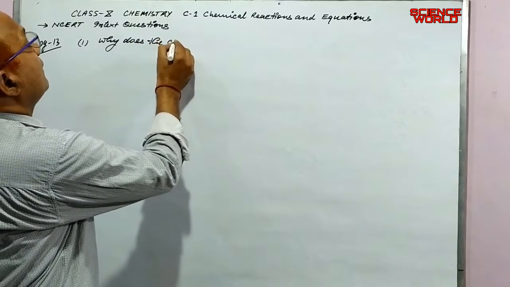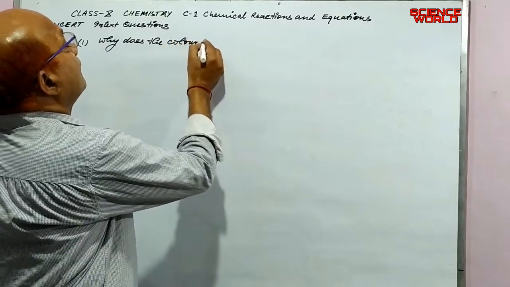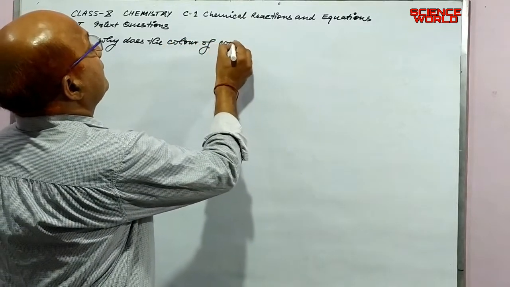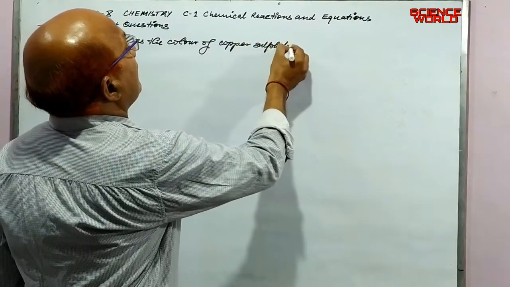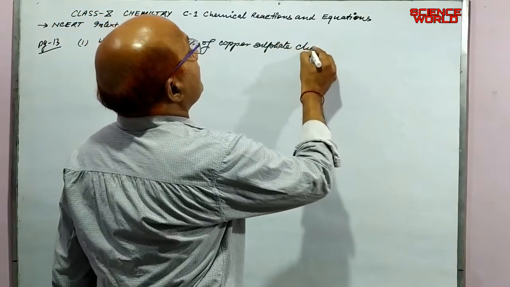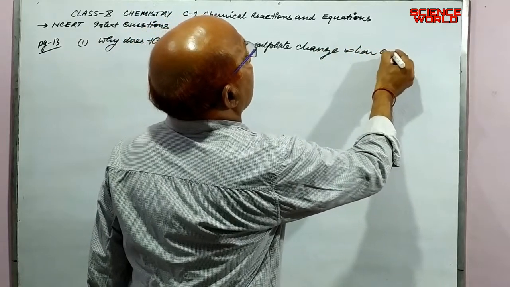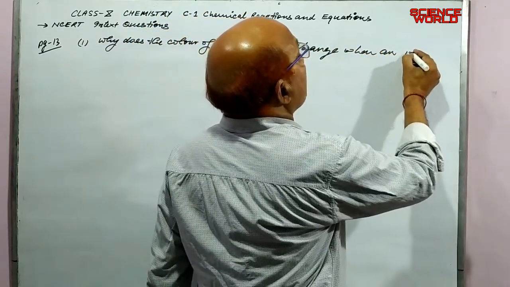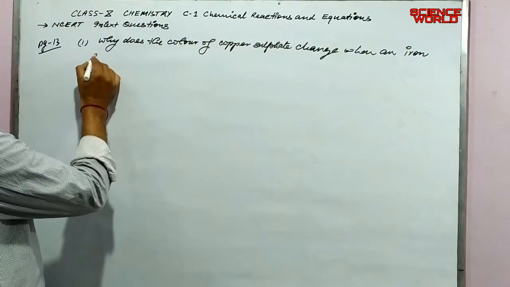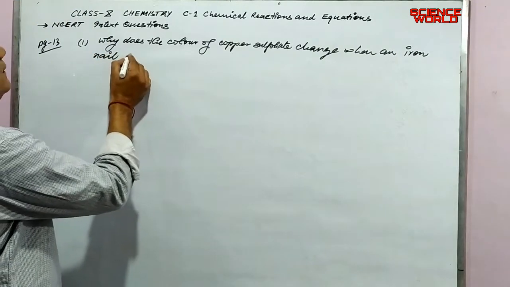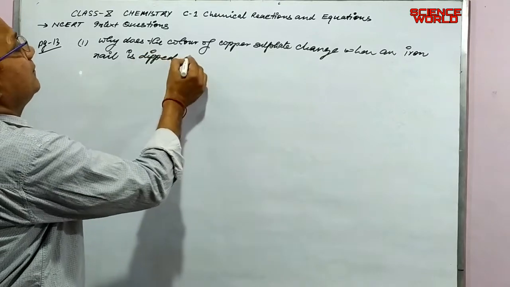Why does the color of copper sulfate change when an iron nail is dipped in it?